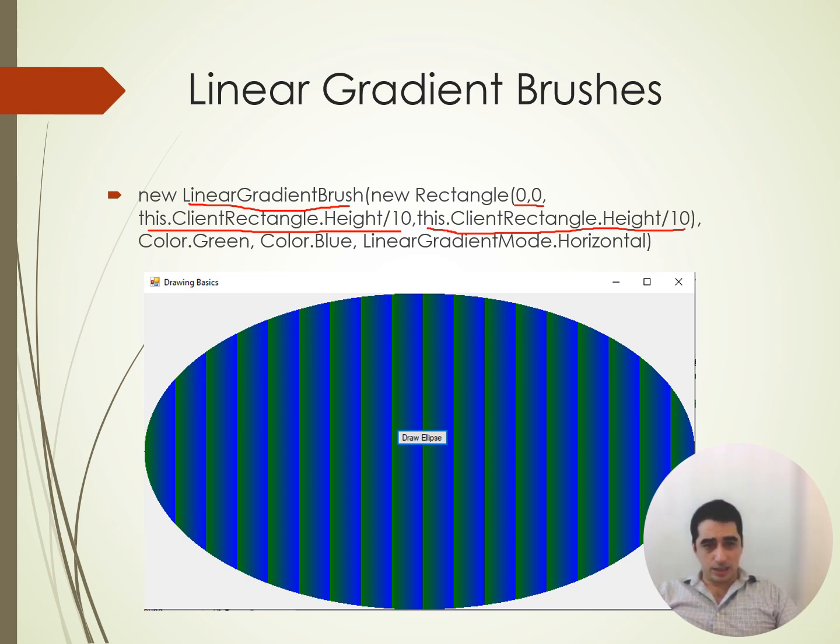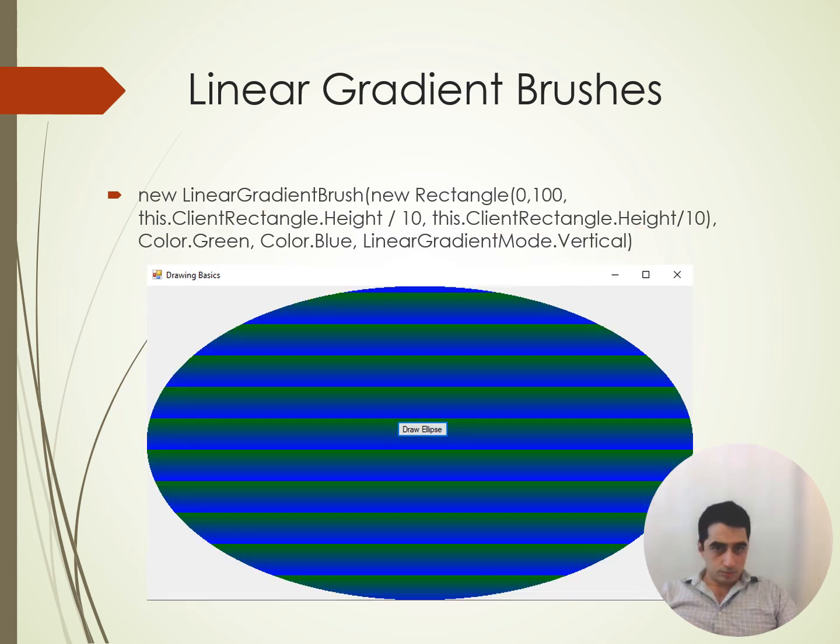And this has created the pattern that you see here. The first color is green, the second color is blue, and I have used the horizontal gradient mode. And as you see, it has to repeat a pattern in order to fill the whole ellipse for me.